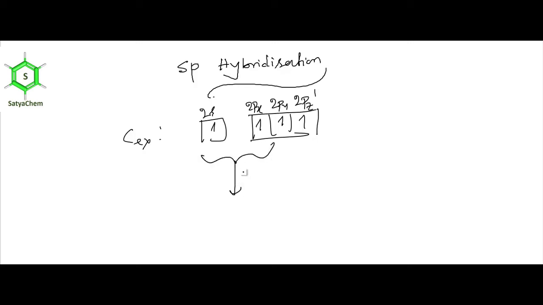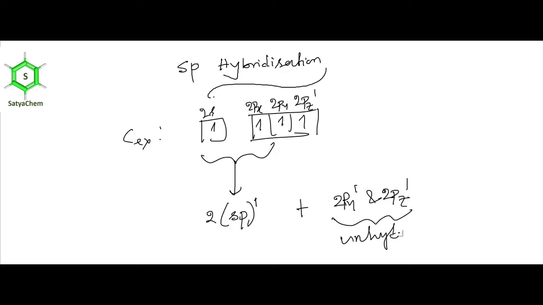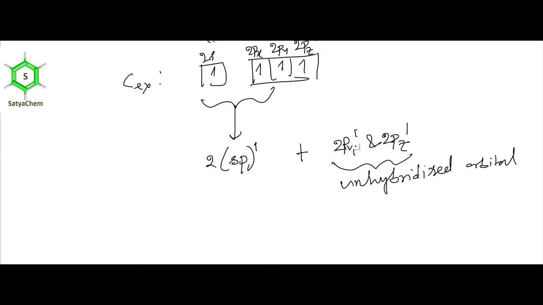So 2s and 2px are hybridized to form two sp hybridized orbitals, and 2py and 2pz are unhybridized orbitals. As two orbitals are mixed, the result is two hybrid orbitals and two unhybridized 2py and 2pz orbitals.